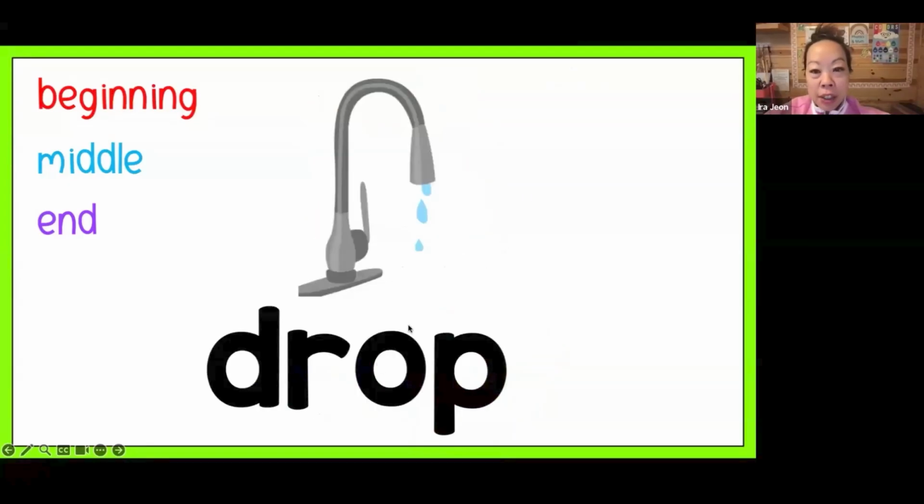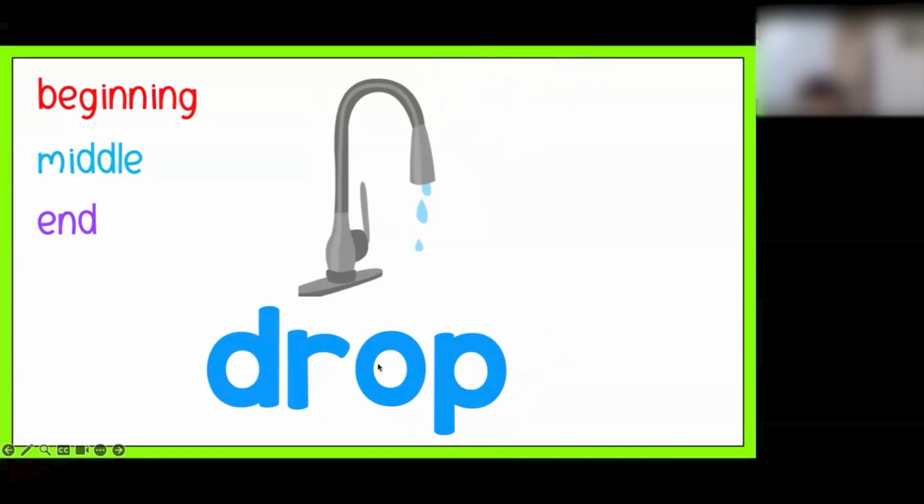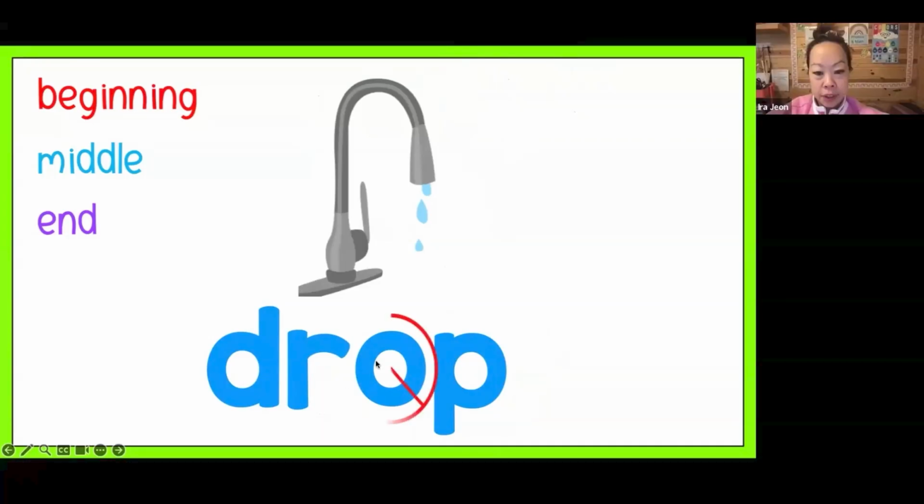Okay, friends. I want to make the word drip. Does anybody know which letter is wrong over here? Is it the beginning letter? Is it the middle letter? Or is it the end? Yes, Yuvan, which letter is wrong? O. Right. Right now this says drop.